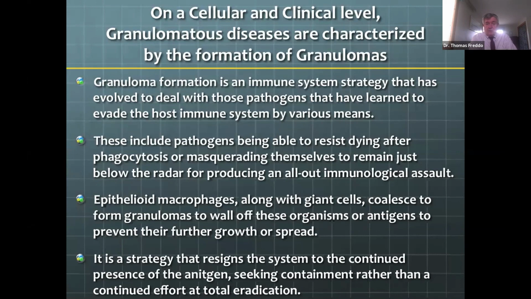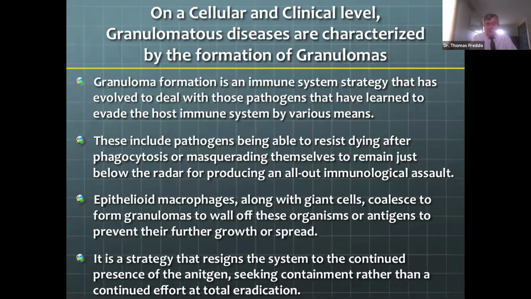Granuloma formation is an immune system strategy that has evolved to deal with those pathogens that have learned to evade the host system by various means. These include pathogens being able to resist dying after phagocytosis, or by masquerading themselves to remain just below the radar for producing an all-out immunologic assault, as we see in non-granulomatous disease.